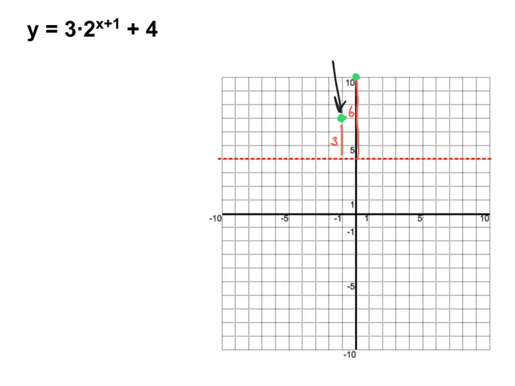Half of 3 is 1.5. So if you want to, you can figure out exactly where those are going in the small direction as well by cutting them in half instead of doubling. And of course, you can continue plotting those points that way so you get a good feel for the curve, and then go ahead and draw your curve in that goes to those points, and you are done with this graph.